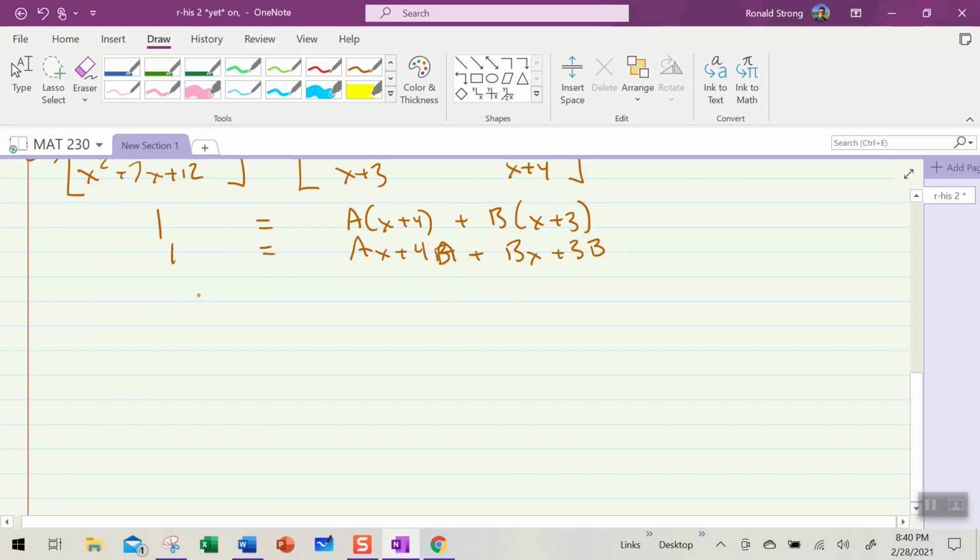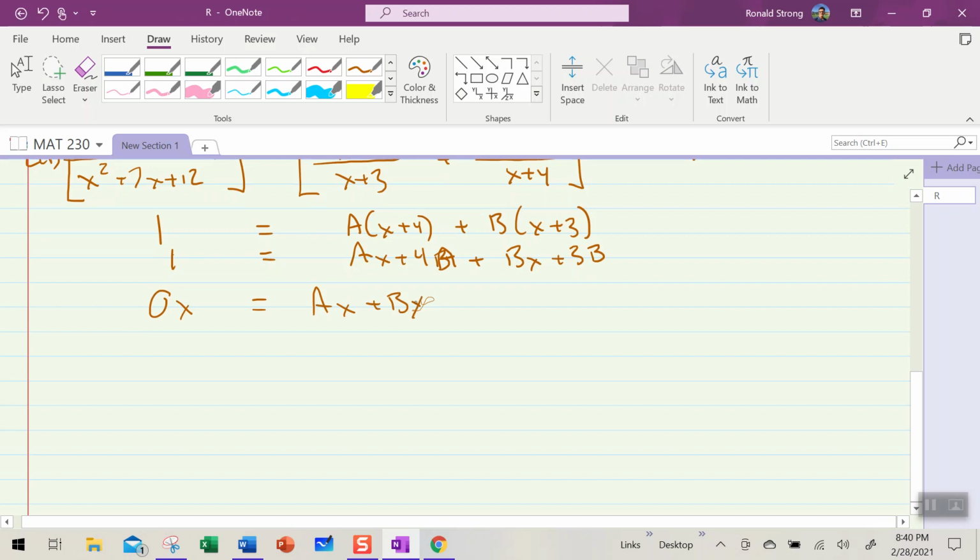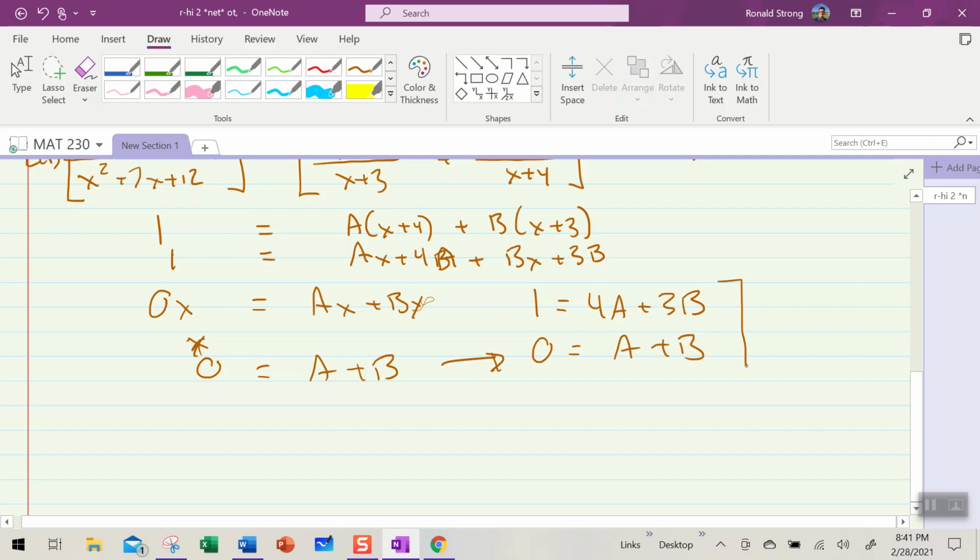Now, equating coefficients, we have no x term, so 0 is equal to A plus B. Likewise, we have 1 is equal to 4A plus 3B. And bringing this over here, 0 equals A plus B, we have our system of equations.